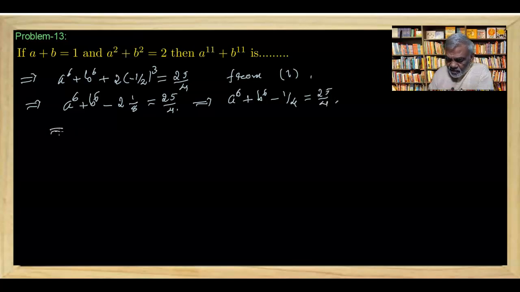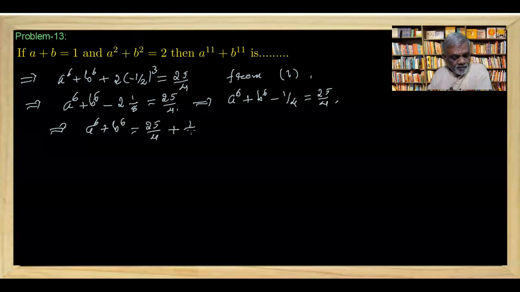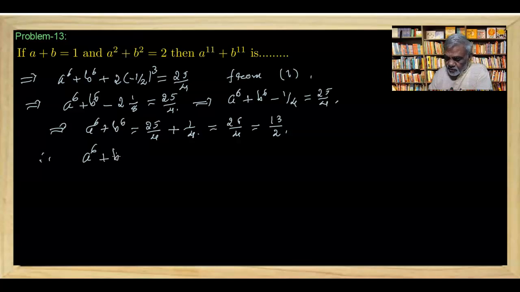And this implies a raised to 6 plus b raised to 6 is equal to 25 by 4 plus 1 by 4, and that is equal to 26 by 4. That I can write down as 13 by 2, and therefore a raised to 6 plus b raised to 6 is equal to 13 by 2, and let me call this equation number 5.